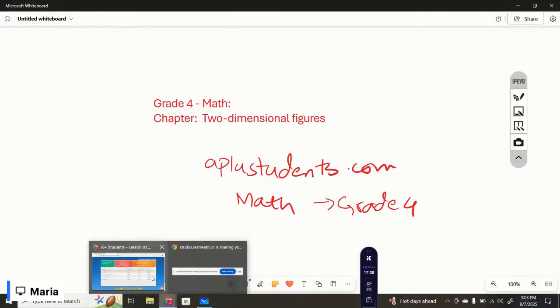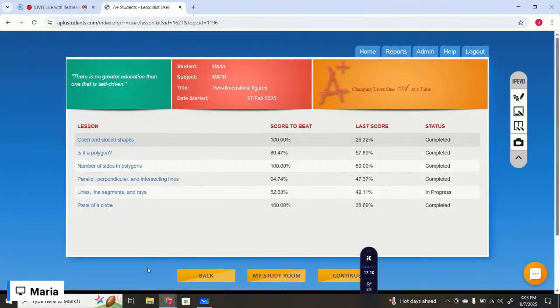Here I am on grade 4. The chapter we're on right now is two-dimensional figures. Open and closed shapes. Let's just start with the lesson.